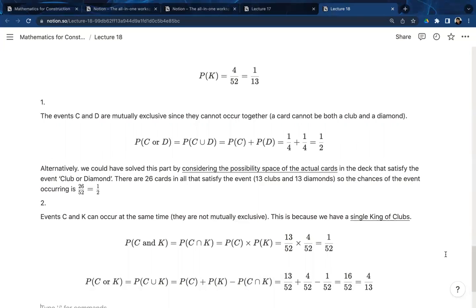That's why I'm giving you these problems with cards. If you don't want to use the formulas, you could use the actual cards, but you have to answer that question differently. You have to list them out. 13 clubs, one of them is a king, plus 3 other kings. That's the possibility space for king or club out of 52. That's 16 on 52, that's 4 13ths. So I hope this makes sense.